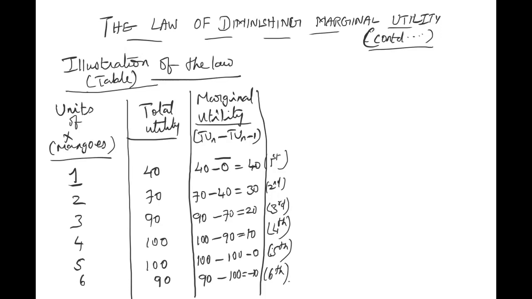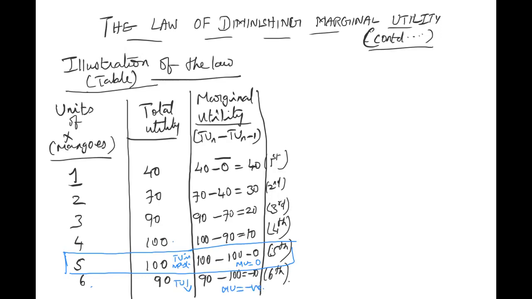From this, you can understand that when the consumer consumes the fifth mango, total utility is maximum. Of course, the fourth is also maximum, but we always take the later one. So here the total utility is maximum and the marginal utility is equal to 0. There is no additional satisfaction. At the sixth unit, the total satisfaction itself is declining, and the marginal utility is becoming negative. So this is what we have found from this table.